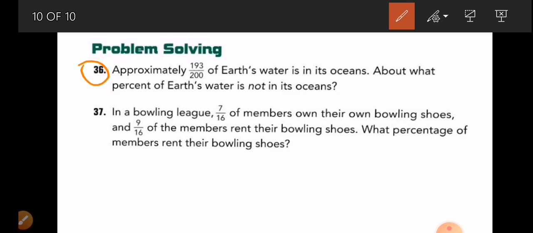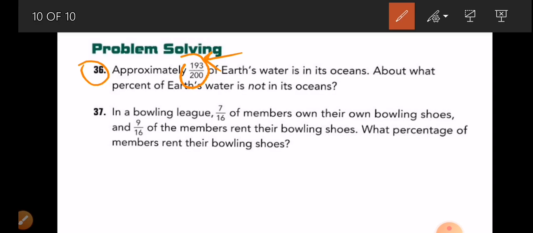Okay, so if I have the water of the Earth, this percent of it is in the ocean. What is the percent which is not in the ocean? So I have to write this fraction as a percent first to know the percent of the water in the oceans. Okay, how to change this one to a percent?